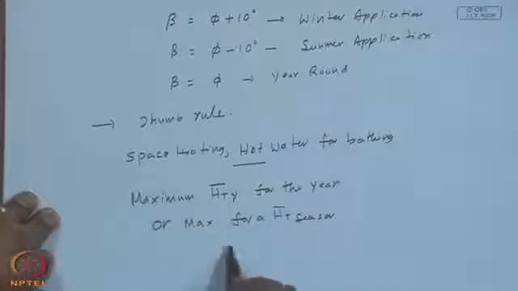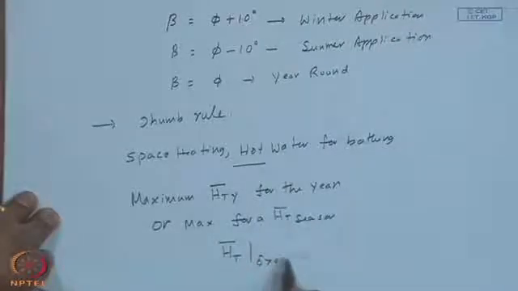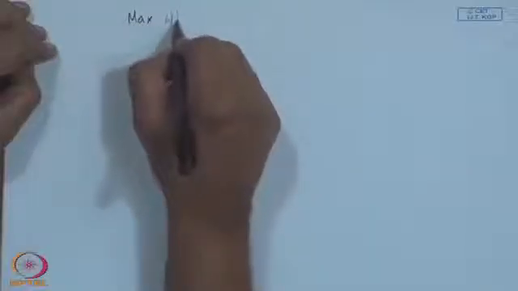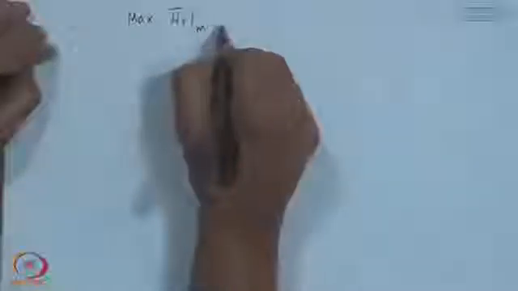We can say for example, maximum HT bar for delta greater than 0 or HT bar for delta less than 0, or you may say that max HT bar for any month 1 to 12.